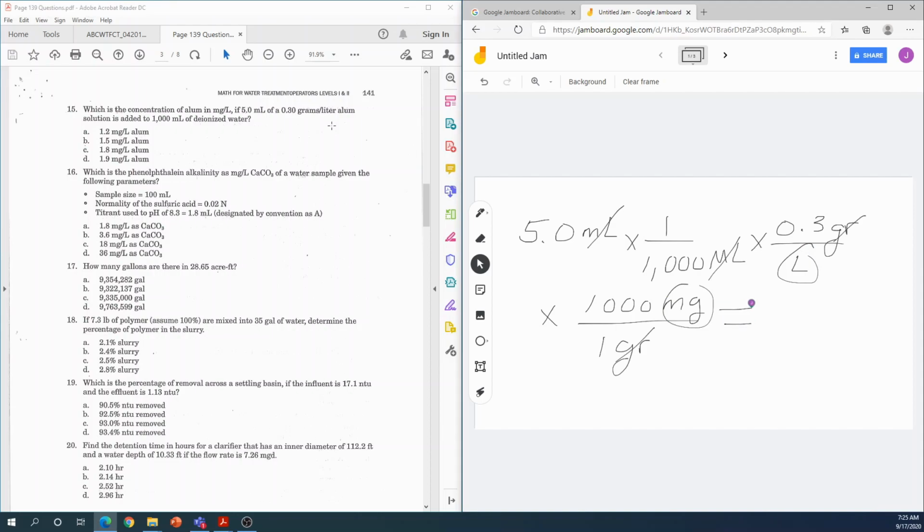So we run this through, and we get 5 milliliters added to 1,000 milliliters of water times 0.3 grams per liter times 1 gram, there's 1,000 milligrams. And this is going to equal 1.5 milligrams per liter.